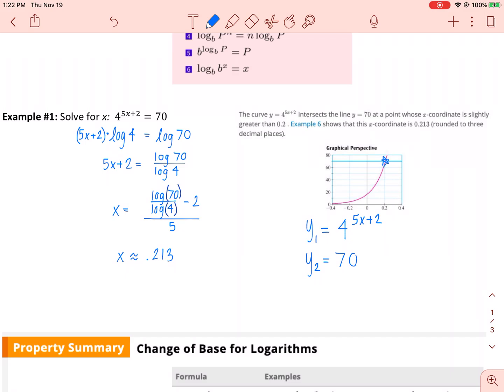Notice they intersect right here at 0.213, which is exactly what I found algebraically. So all it is, is setting this curve, which is the pink curve, equal to y equals 70, which is the blue line.